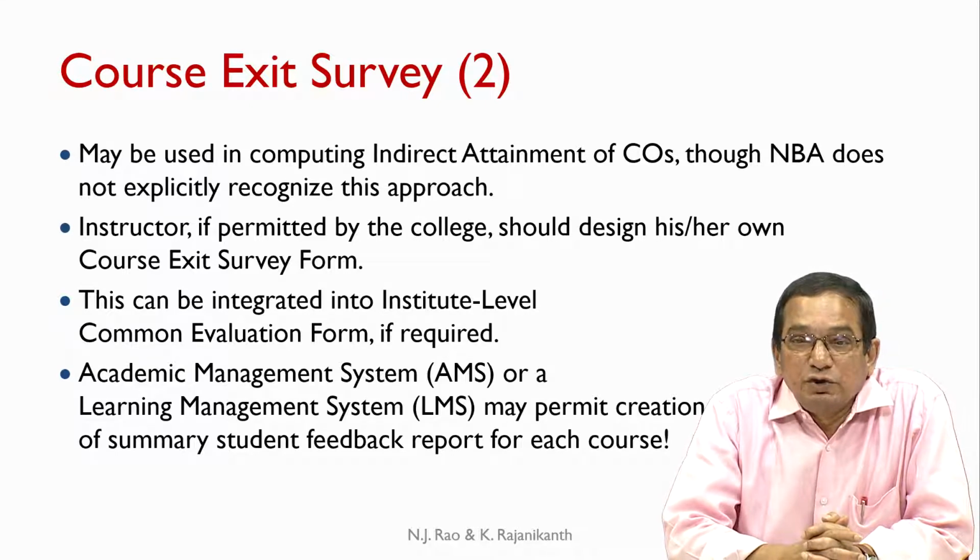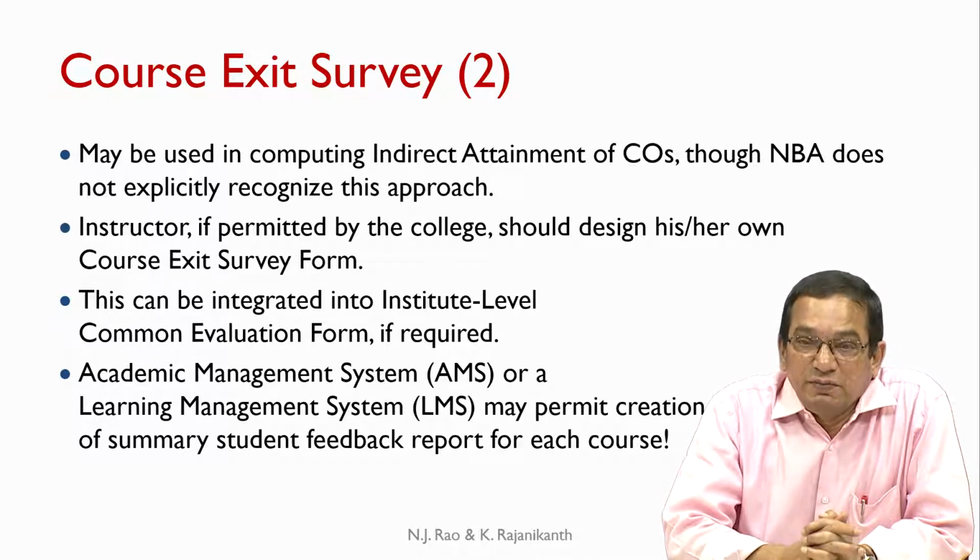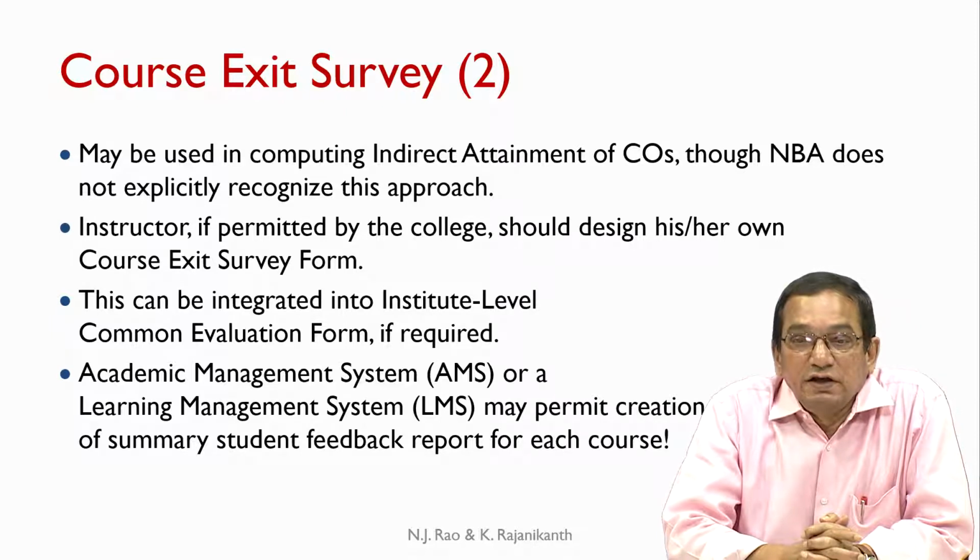The direct computation would be based on the performance of the students in all the assessment instruments, including tests, quizzes, assignments. And the indirect computation would be based on a survey. So, the course exit survey would help us in computing the attainment of CO in an indirect fashion.